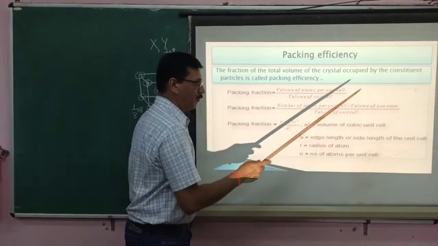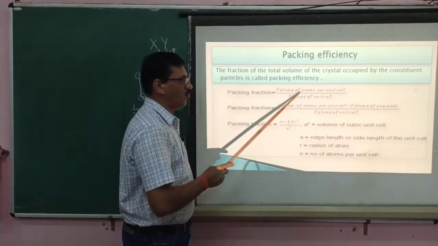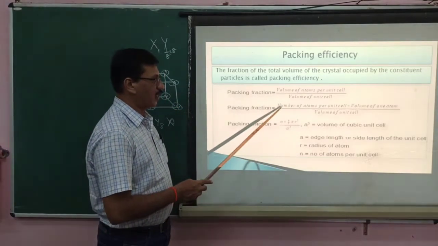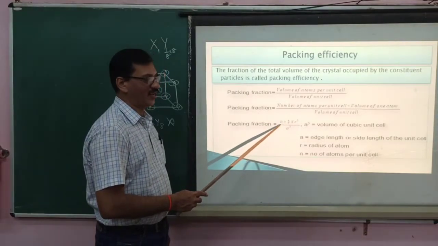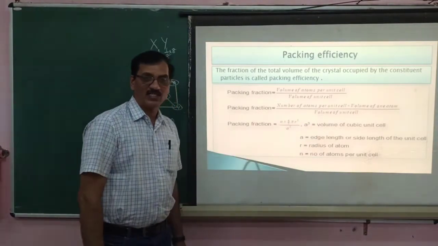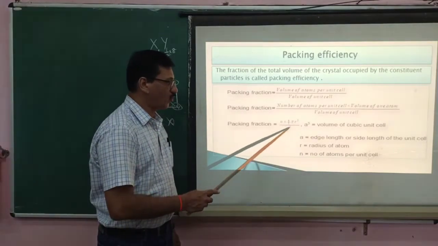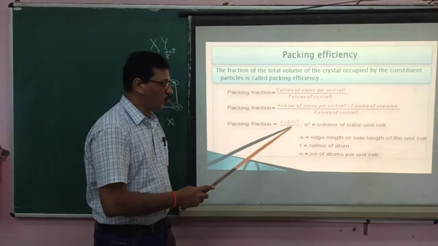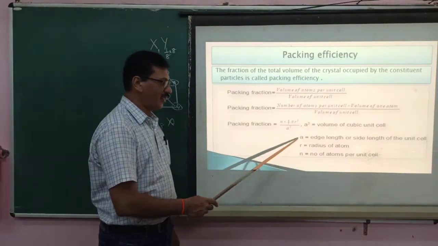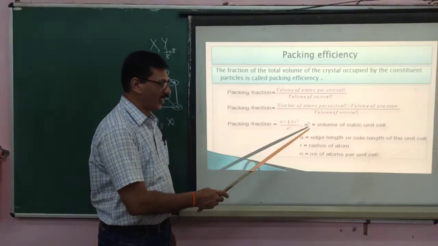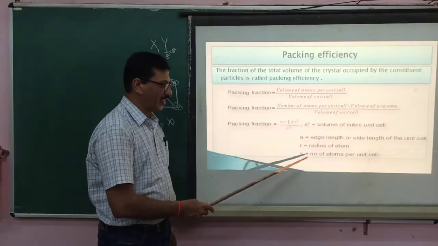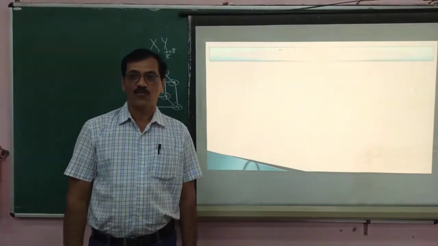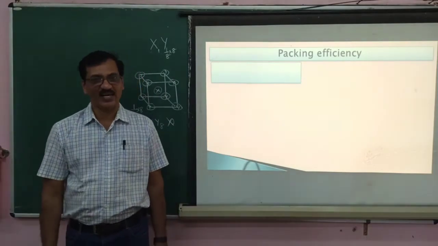So here we can derive: the number of atoms per unit cell is taken as n here, and the volume of one atom, as we consider this as a sphere, is 4 by 3 pi r cube, and the volume of a unit cell, since it is a cube, is a cube, where a is the edge length. r is the radius of the atom, and n is the number of atoms per unit cell that differs for different kinds of cells.